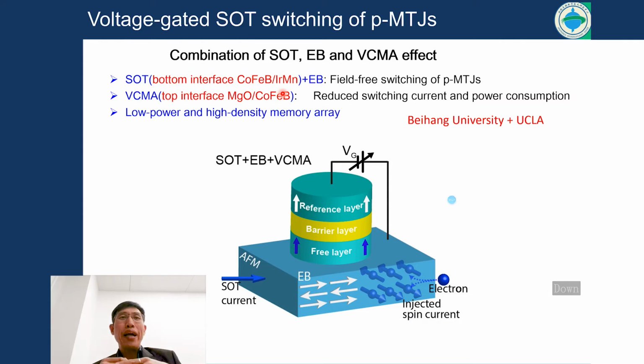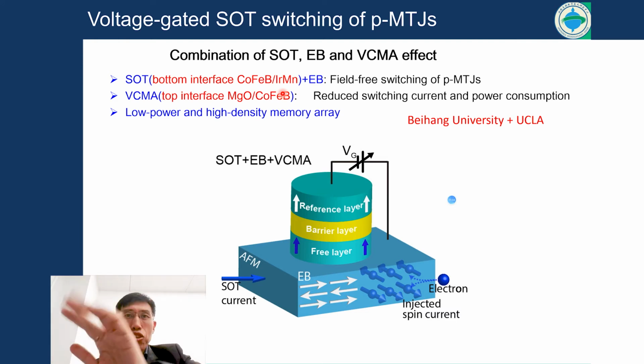By combining these two proposals, we proposed this structure. So the SOT channel from the bottom electrode is AFM, which can create exchange bias EB to assist the SOT switching. In this case, we don't need an external field. And here we generate SOT. Here we apply the voltage control.